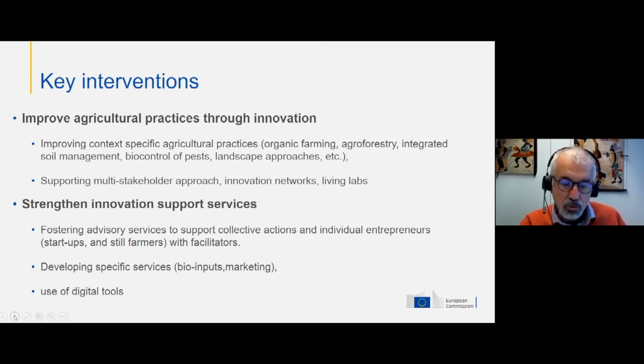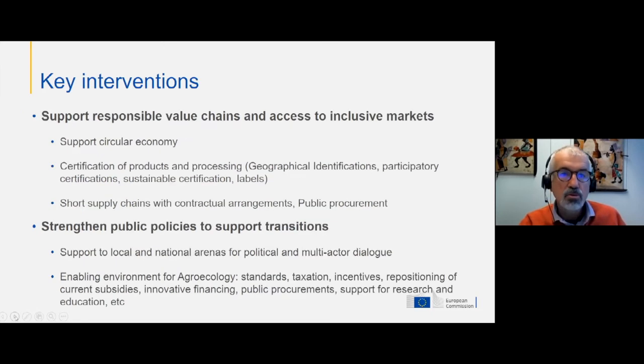Within this framework, the use of digital tools is very useful, as we mentioned yesterday. We can put in place different tools that just work in favor of connectivity and how people can connect from one to another.